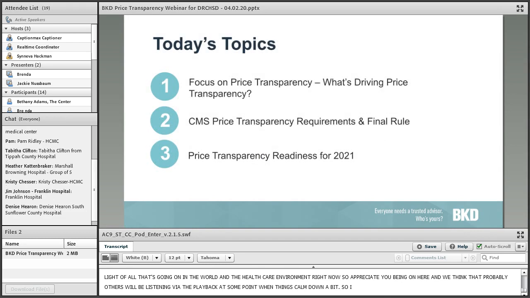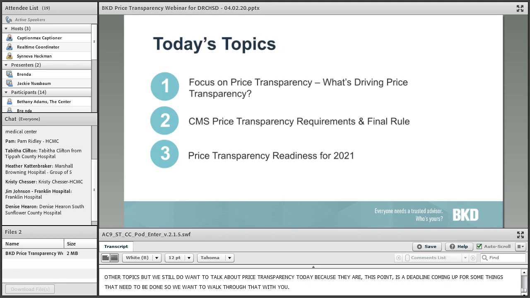I usually start out the presentation by talking about how there's such a great focus right now on price transparency. There's still focus on that, but obviously the greater focus right now is on other topics. But we still do want to talk about price transparency today because there is a deadline coming up for some things that need to be done, so I want to walk through that with you.